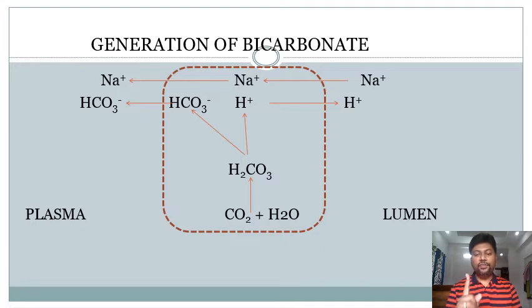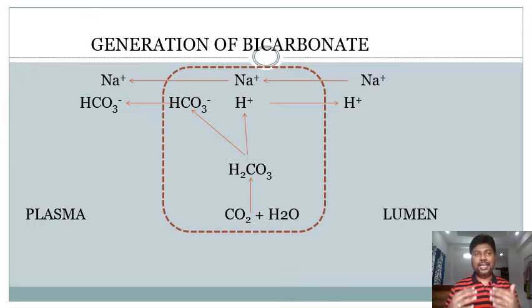For every bicarbonate synthesized and thrown into the plasma, one H plus ion will be thrown into the renal tubular lumen. This generation of bicarbonate takes place throughout the renal tubular cells, starting from the proximal convoluted tubule to the collecting duct. This reaction takes place everywhere. For one bicarbonate thrown into the plasma, one H plus will be entering the lumen.